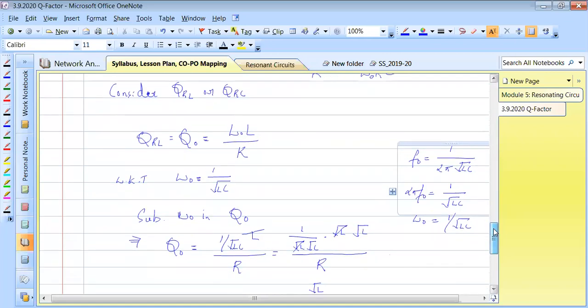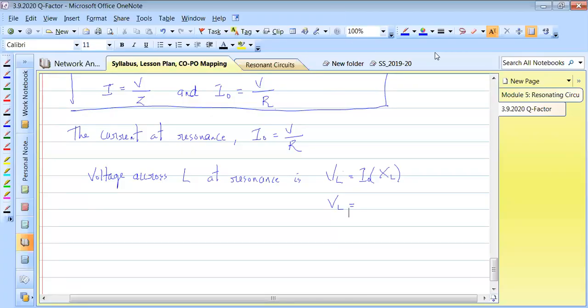Just go on, everybody. J omega L. Now, since we are dealing with the resonance condition, what would that J omega L look like? You said J omega naught. Exactly.